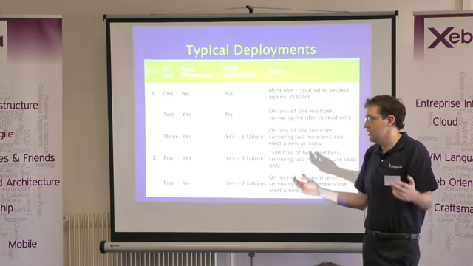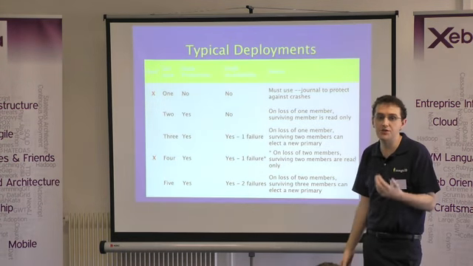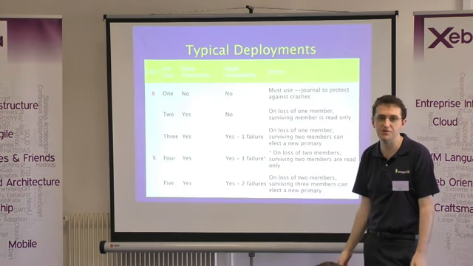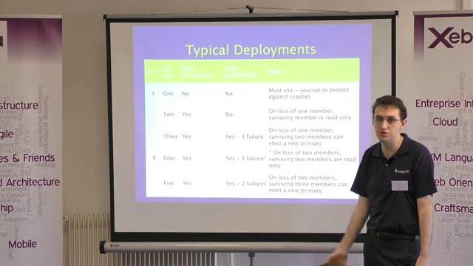Remember that the way it works is, if for some reason you can't discover a majority because more than half the data center is broken, then the nodes will go into secondary mode, and the only thing you can do is read off secondaries at that point.